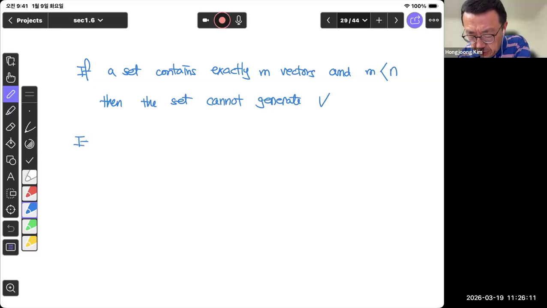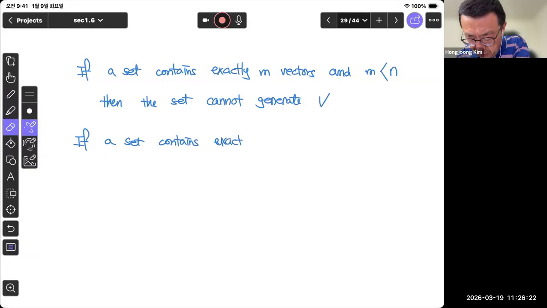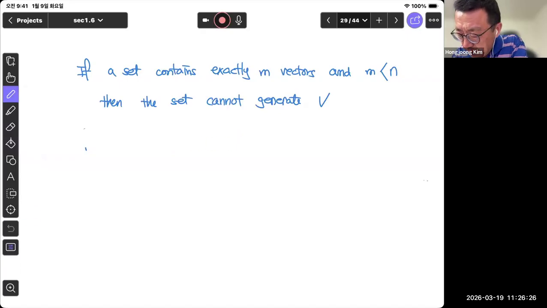And in a similar way, if a set contains exactly m vectors, and if m is strictly greater than n, then the set cannot be linearly independent.